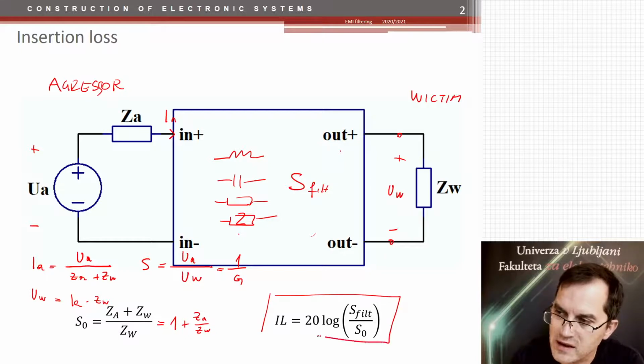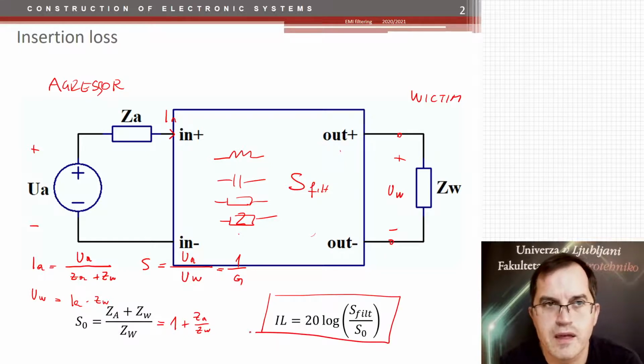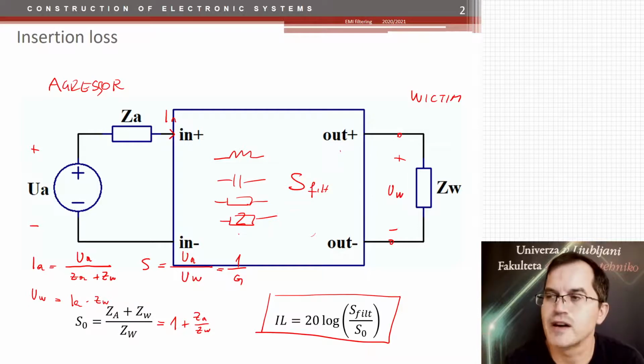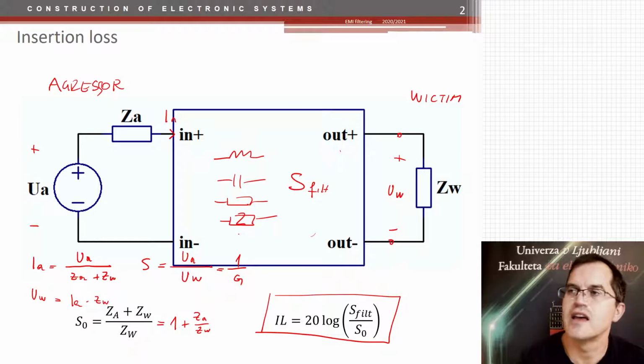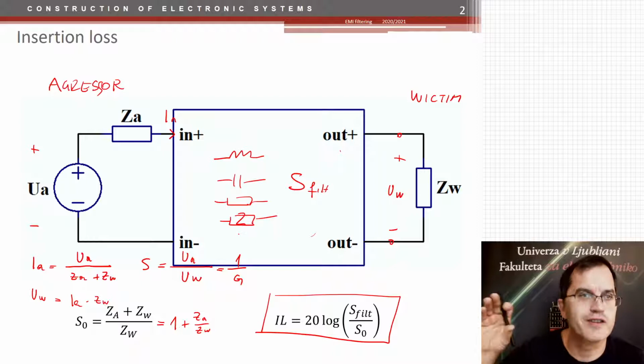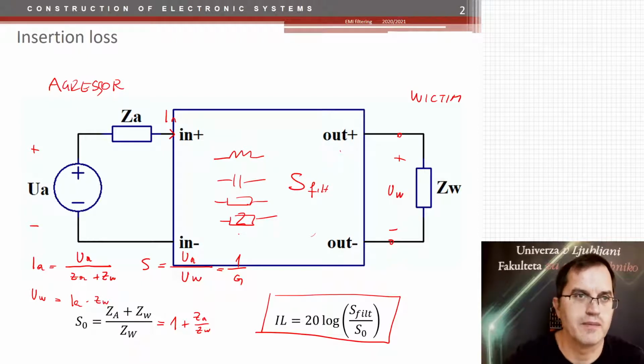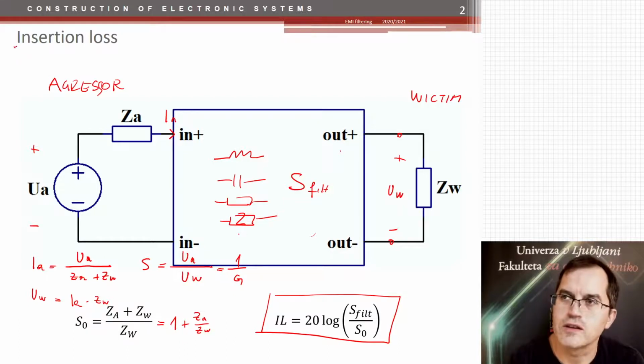And that's the equation you have to remember. Now, the attenuation factor of the filter is divided by the attenuation factor without the filter, and the ratio between those two is insertion loss. That means the effect of loss of the noise due to inserting the filter. Insertion loss. Okay, I think that was also hopefully clear enough.